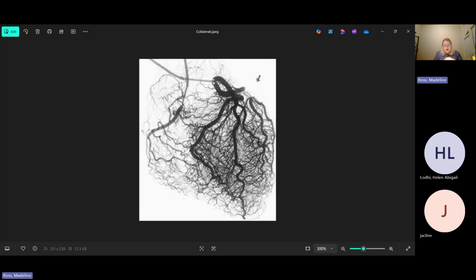I can see it being in the brain. I know the lungs don't do it, so it's kind of unique to the heart, but really cool. So that's the idea of collaterals: they're not existent originally, you're not born with them. You grow them from the arteries that are working.